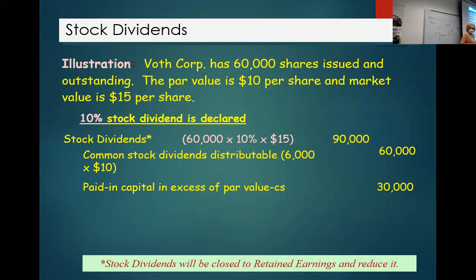I want you to write that math down, or see the math that's written down for you. The first journal entry is the declaration date. There's no journal entry for the record date. And then we're going to show the payment date.